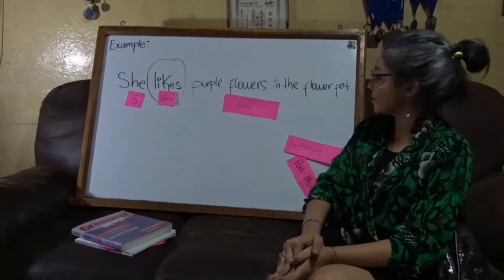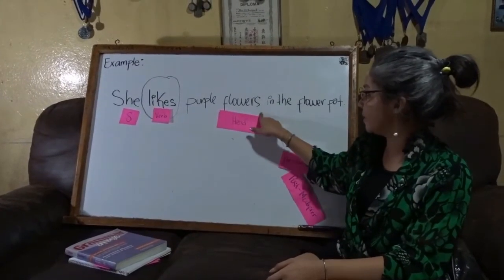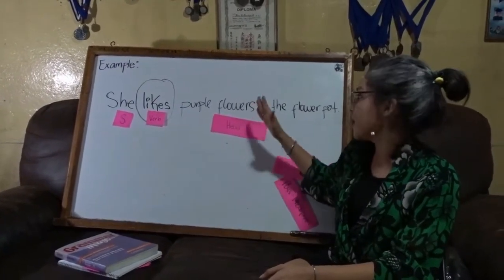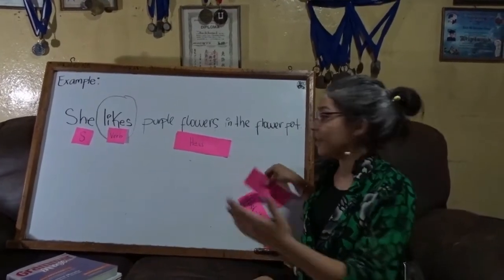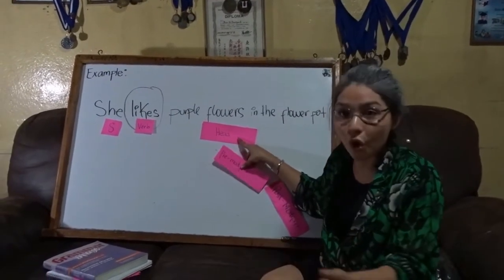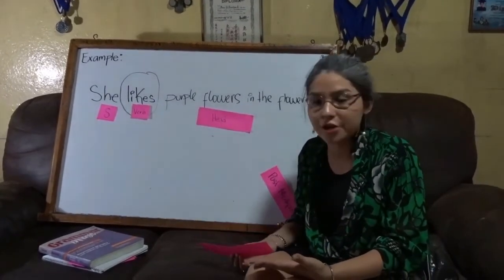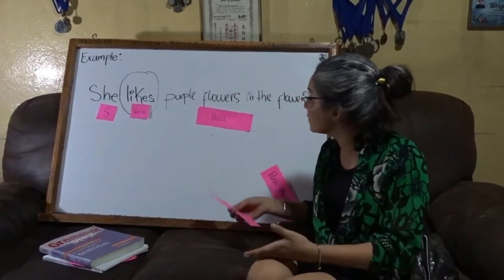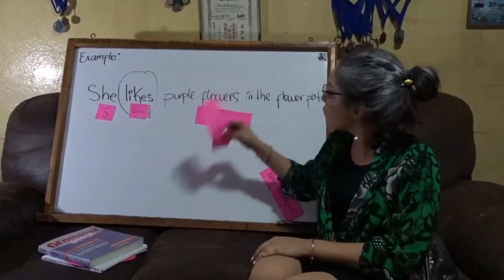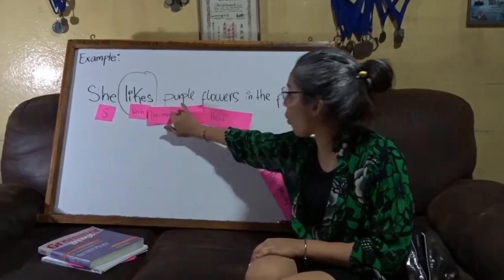So in this sentence, we have the head. The head is flowers because we are talking about flowers. And then we have the head right here, so we are going to identify which is the premodifier. And remember, the premodifier belongs before the head, which is purple.